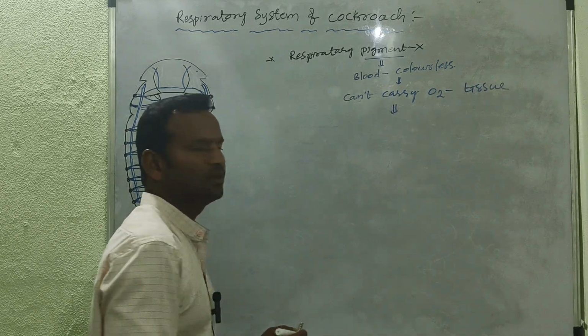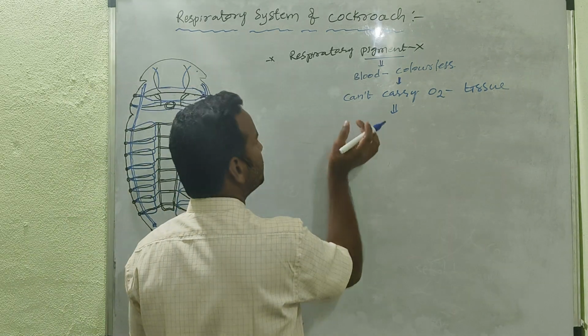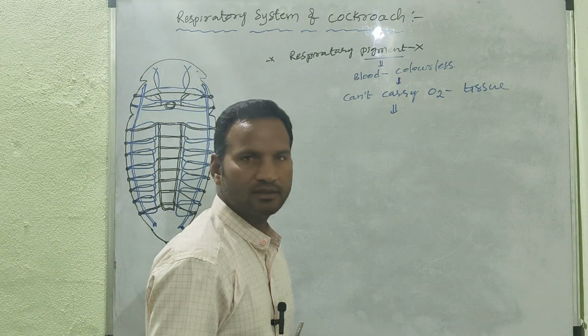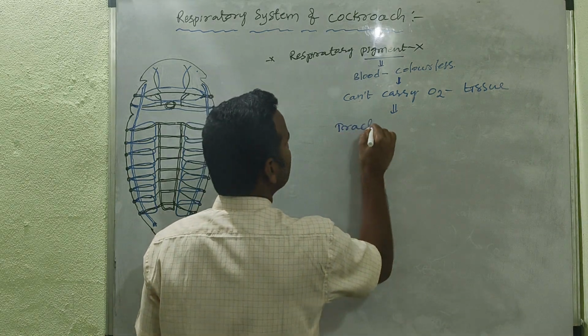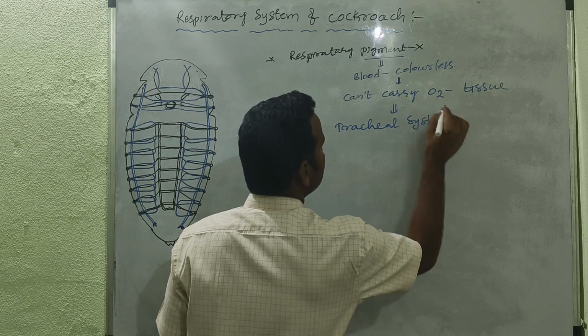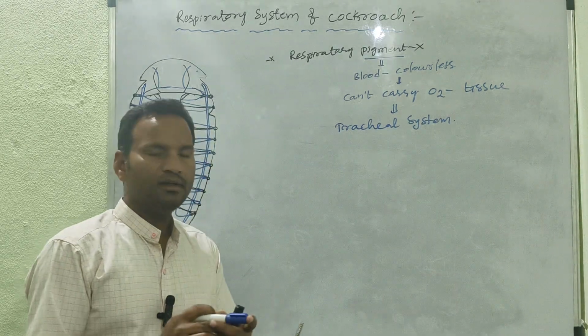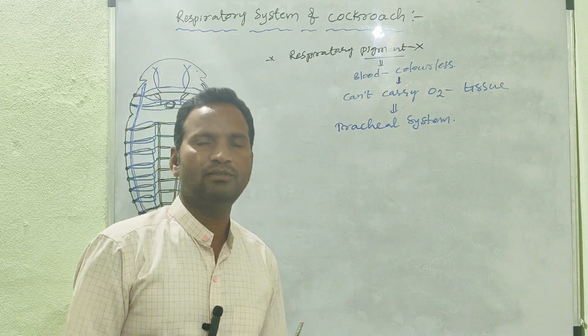So the insects have developed a special respiratory system, that is the tracheal system. The tracheal system is well developed in insects, and the cockroach is the best example.